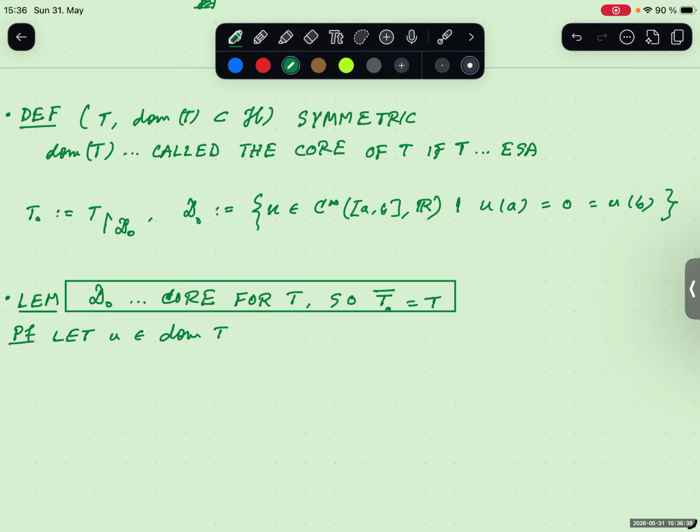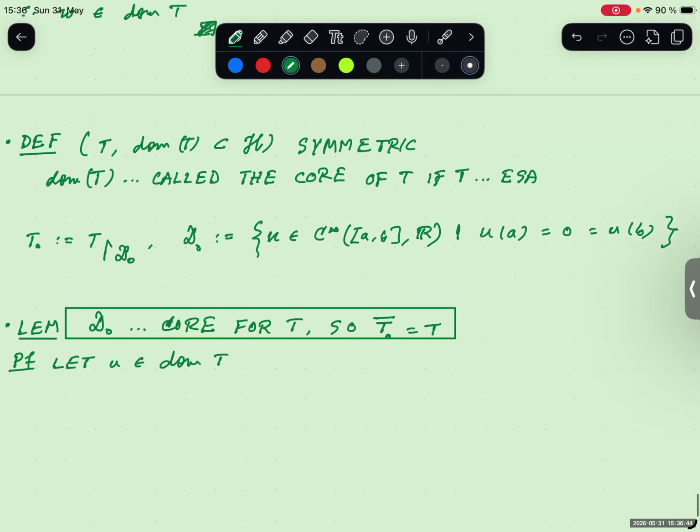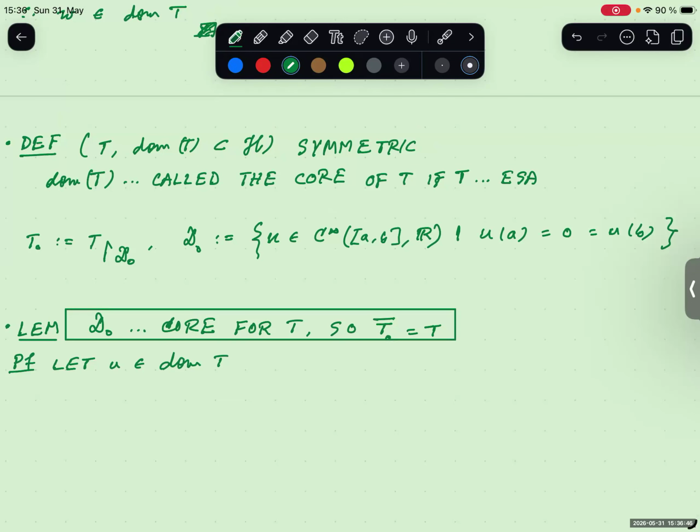Is this the definition of domain of T? You mean the core? Yeah. Okay, let me clarify. So we have an unbounded operator T with some domain on a Hilbert space. And we assume this is a symmetric operator.